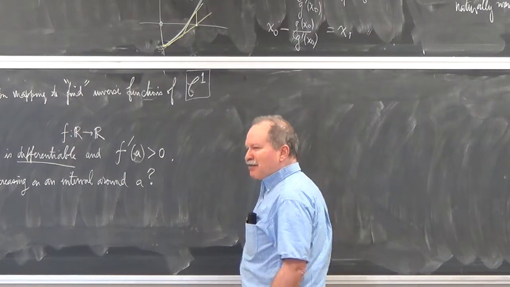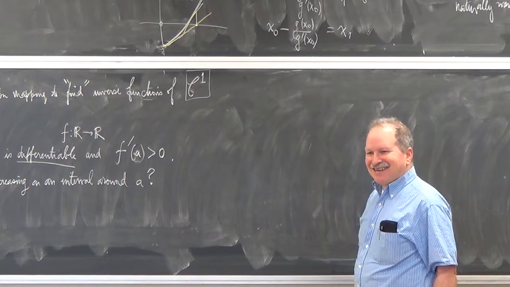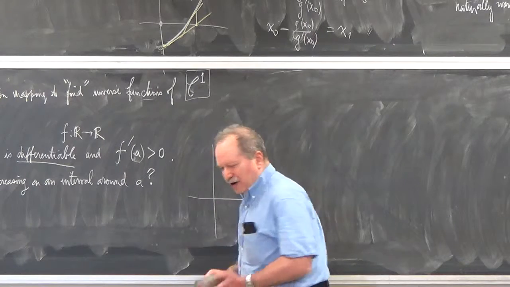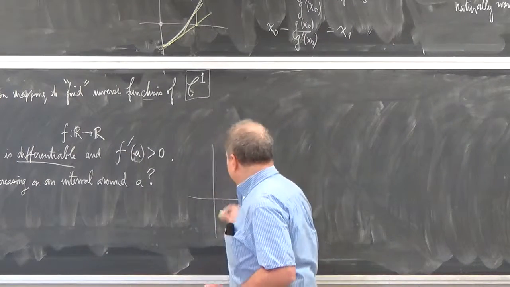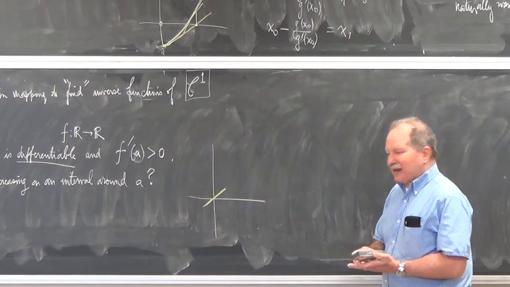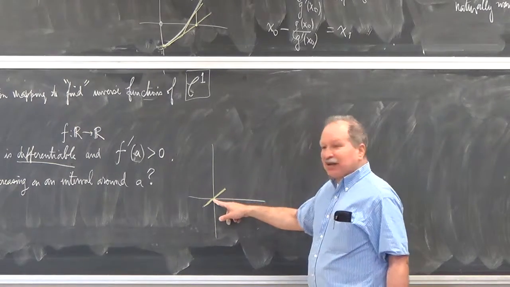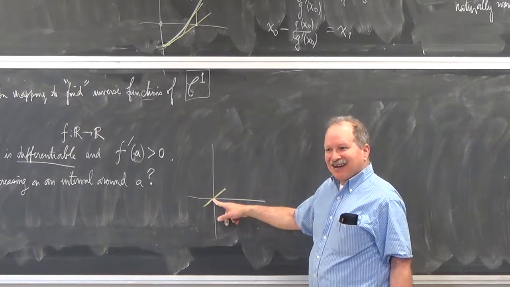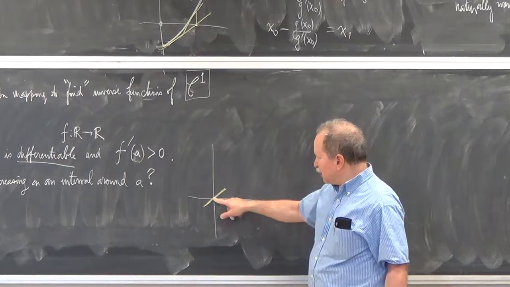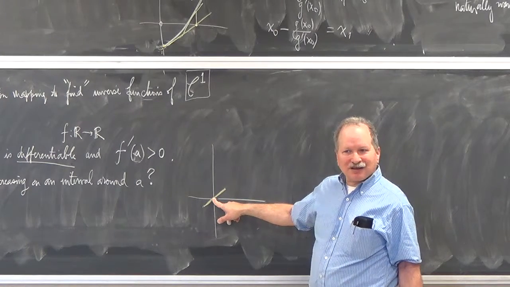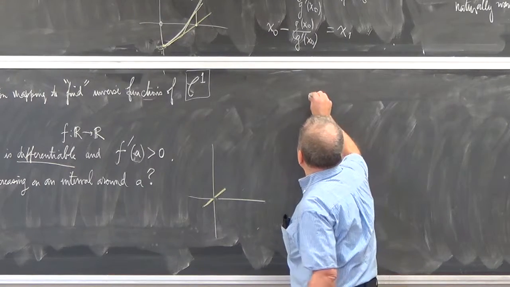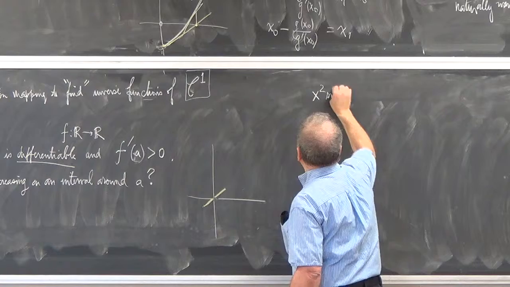You could imagine having a function that was headed uphill at 0, but the derivative did not have a limit as you approached there, and the derivative wobbled up and down, so it went from positive to negative even as you approached that point. Do you recall a function from last semester, sine of 1 over x?